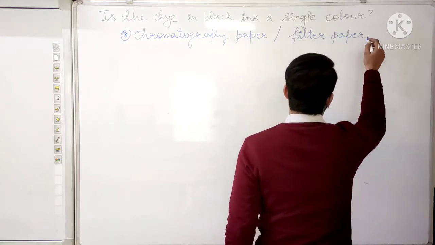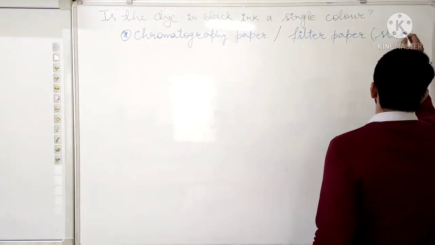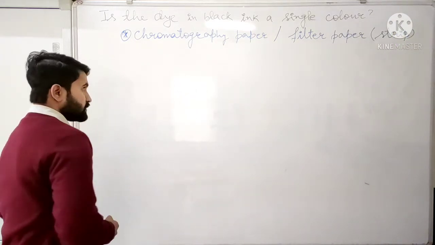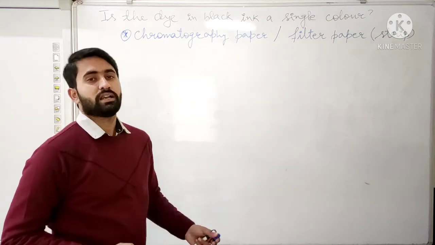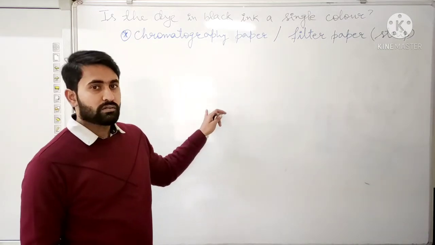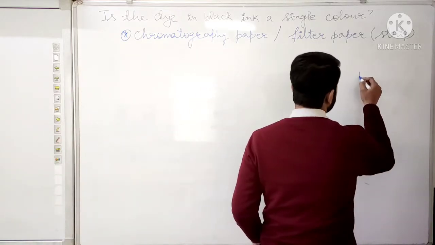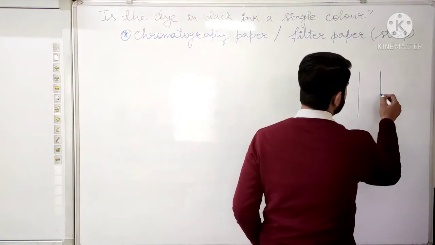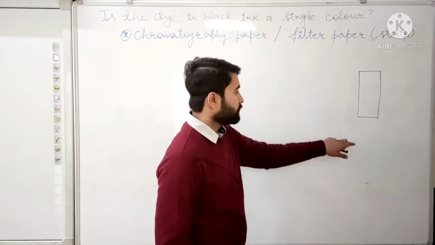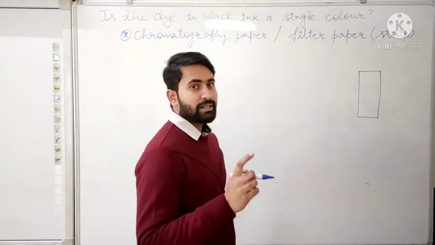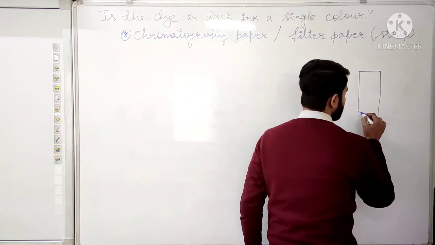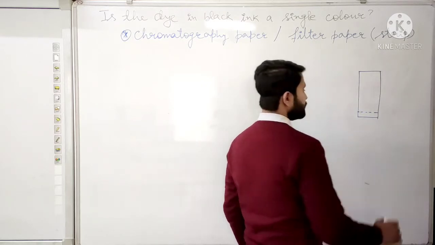Now we will draw a line 2 centimeters away from the bottom of the filter paper or the chromatography paper. Suppose this is the filter paper, then from one side we will draw a line nearly 2 centimeters from the edge. So from here, we will draw a line.